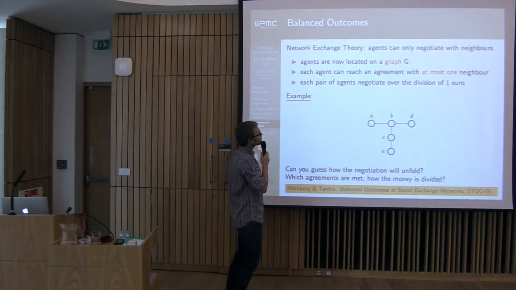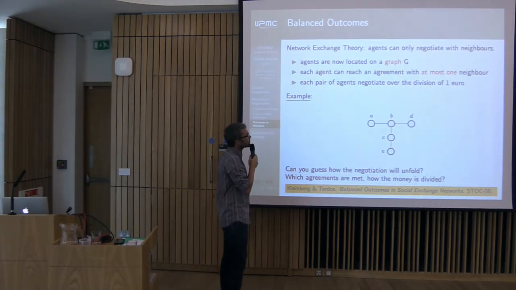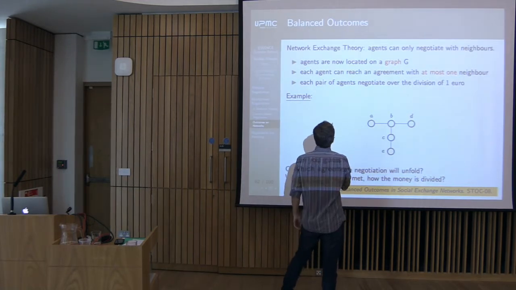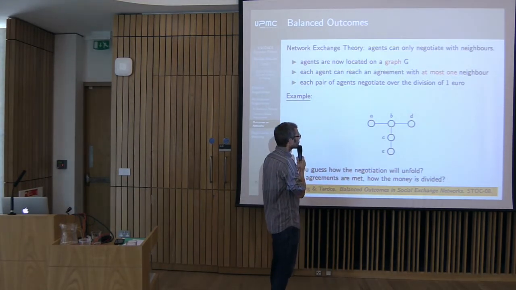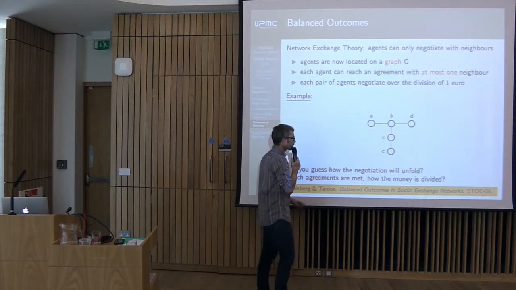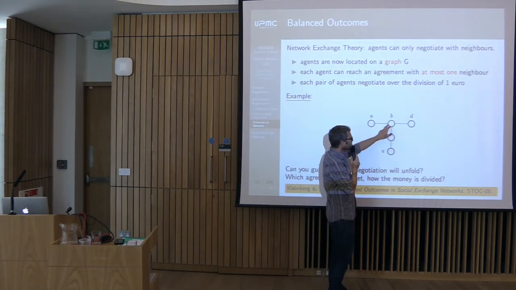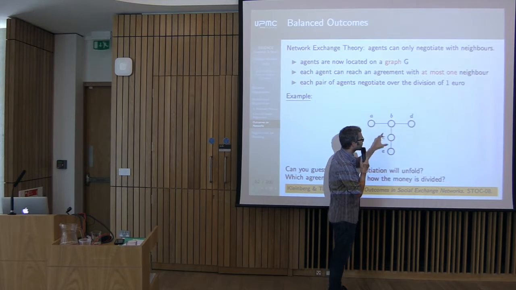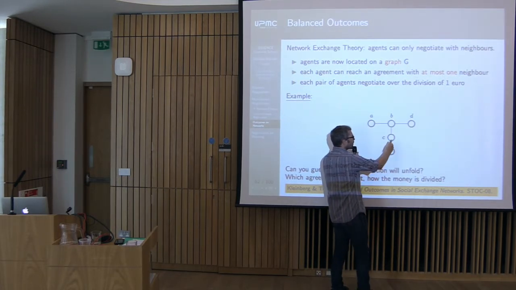And now suppose that each agent can reach an agreement with at most one of his neighbors. And the negotiation that each agent would do is to divide €1. So again, each agent can make an agreement with one agent, and they have to divide €1.